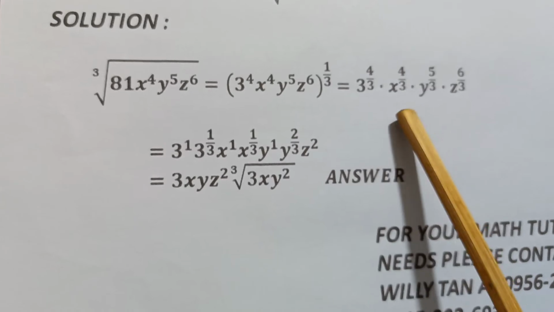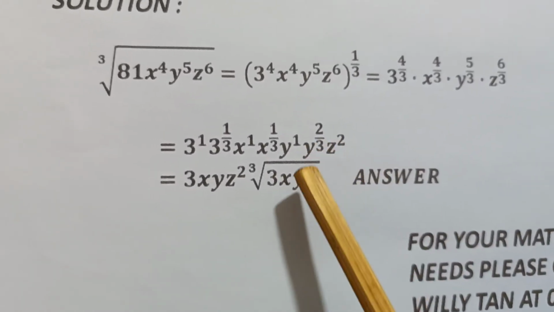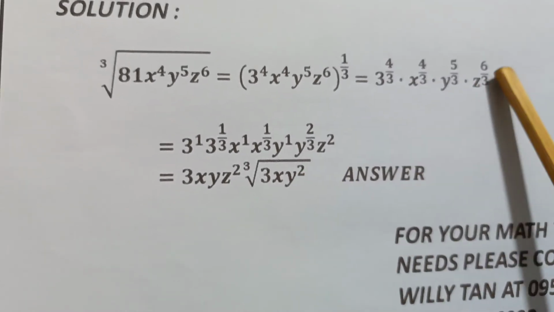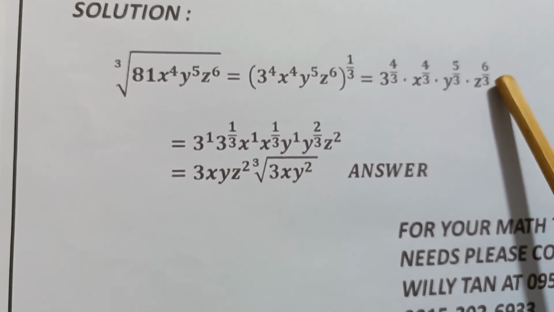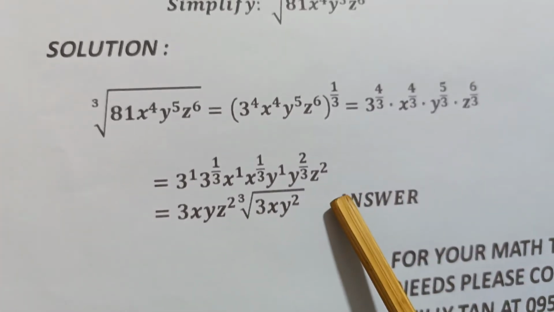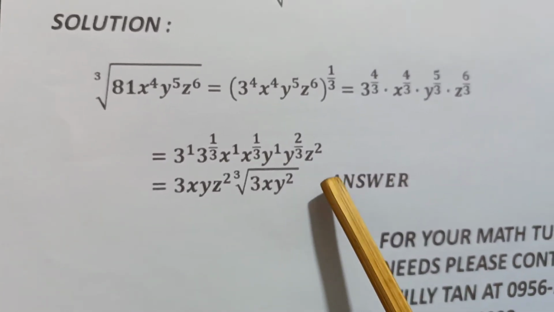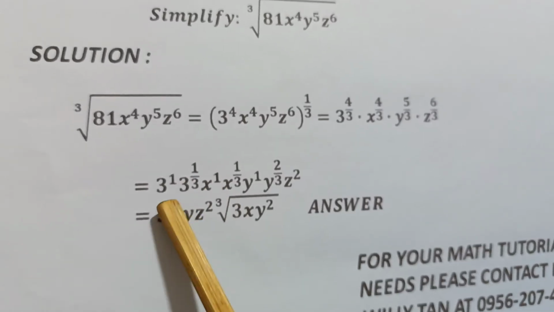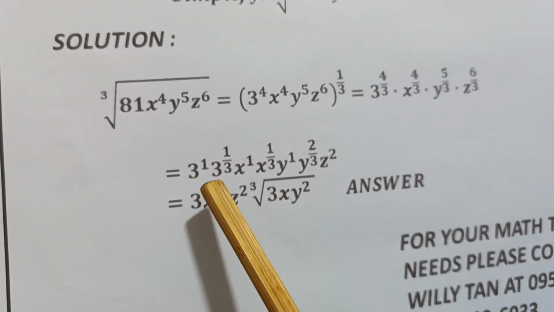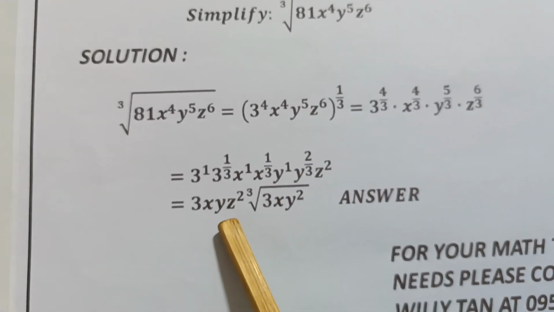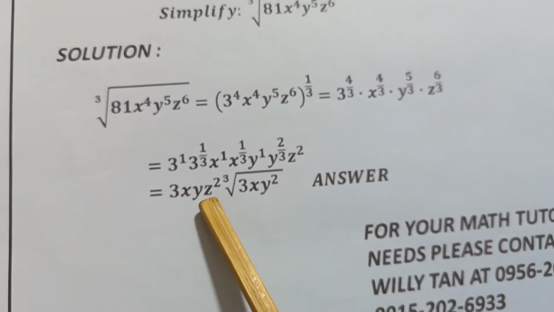And this one, x to the 4 over 3, we simplify as x to the first and x to the 1/3. And this one is y to the 5 over 3, y to the 1 and 2 over 3, no? And this one, z to the 6 over 3 is equal to z squared. So after which, each of these: 3 to the 1 is equal to 3, and x to the 1 is equal to x, no?